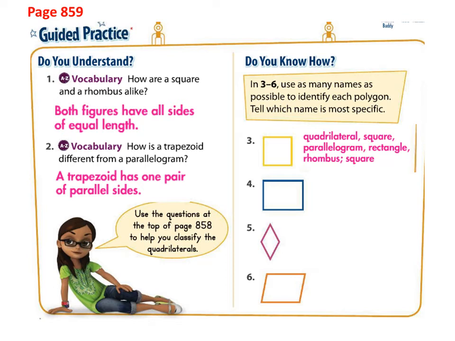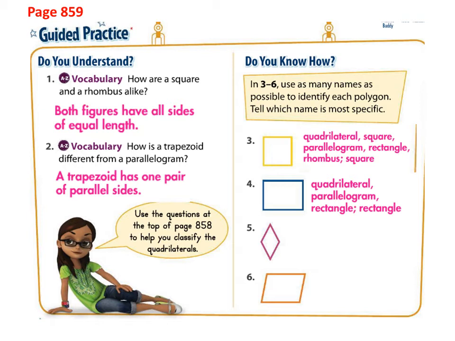Only the opposite sides have equal length. So it's not a rhombus. How many right angles are there? 4 right angles, so this is a rectangle. So the answer is quadrilateral, parallelogram, rectangle, and the most specific name is rectangle.